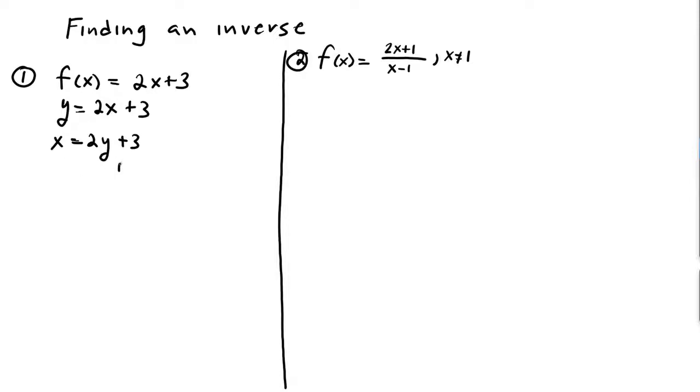I can do that pretty quickly with this one because it's just a linear function, right? Subtract the 3 over. Divide everything by 2. So on this side I get y, which is fine. Over here, just to get it in the same form, remember, dividing by 2 is the same thing as multiplying by 1/2.